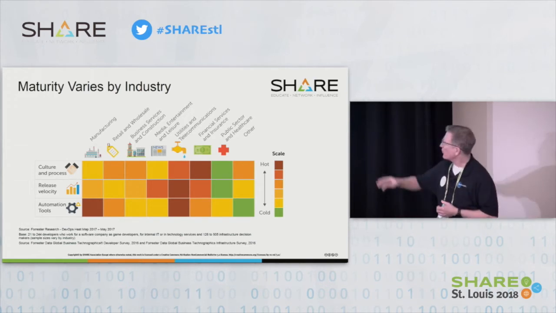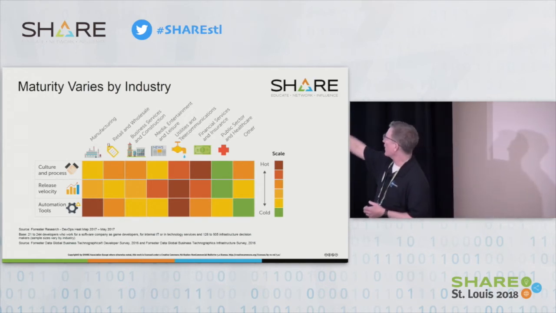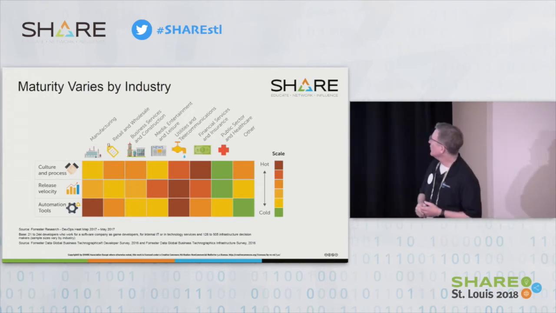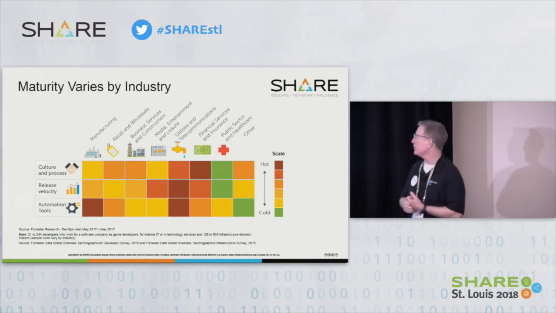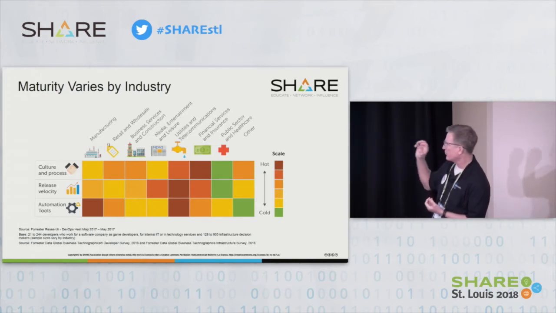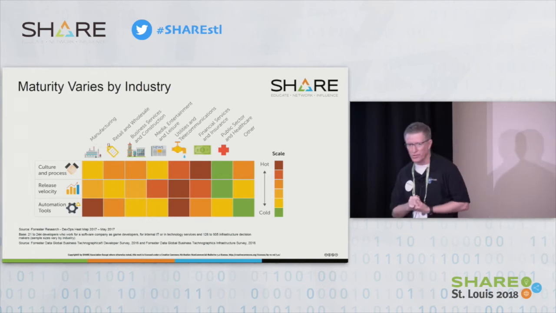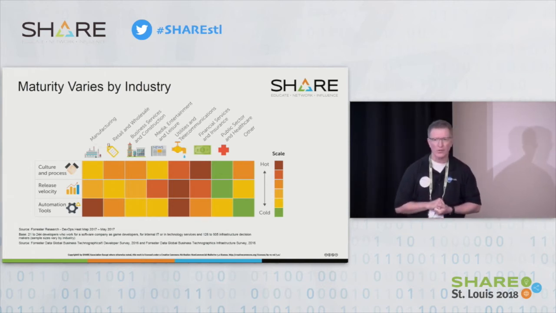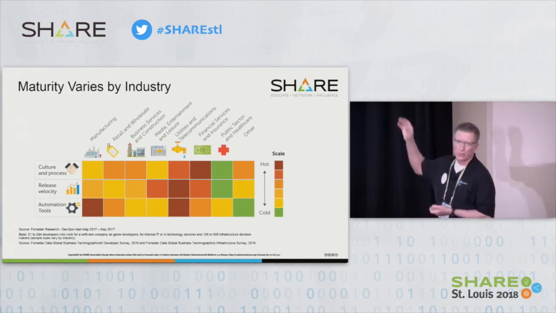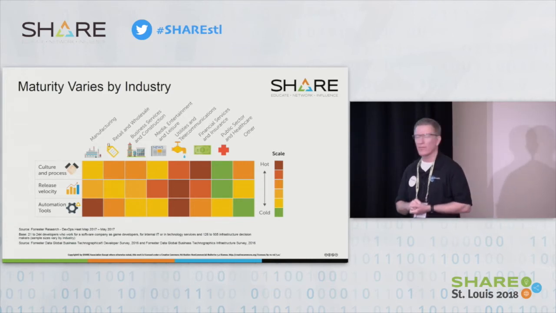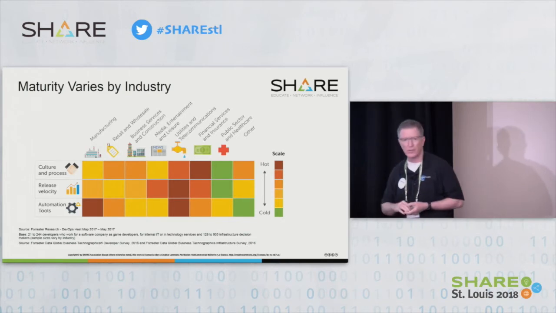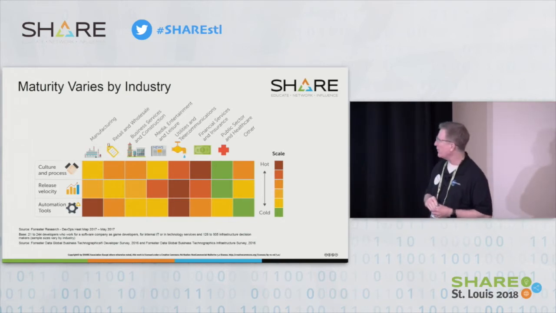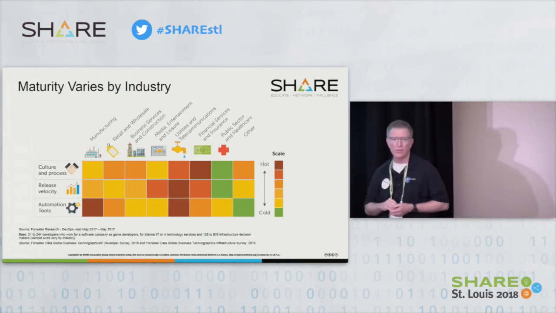So when you look at the various verticals, manufacturing, retail, business, media, utilities, telecommunications, financial, and public and health, and you look at that down the left-hand side with a DevOps lens on culture and process, release velocity, and automation tools, when we talked to DevOps professionals, we found that certain verticals were better at this than others. For example, utilities and telecommunications are a good bit further ahead of the game than, say, the public sector and healthcare.